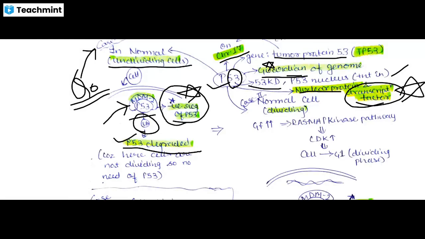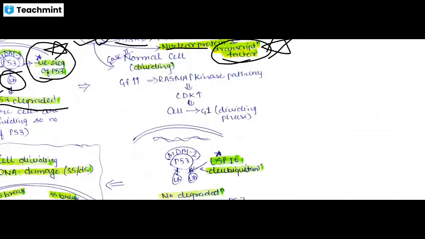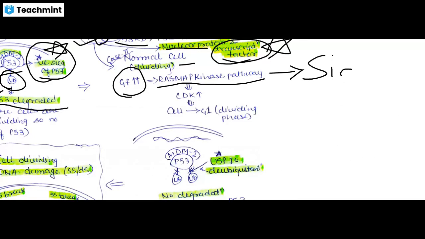When we go on, case number 2 is of normal dividing cells. When we talk about normal dividing cells, growth factors are increased. It follows the RAS MAP kinase pathway. We know this is a signaling pathway, right? Signaling pathway for cell division. It increases CDKs. We know cyclins and CDKs increase and promote cell division.